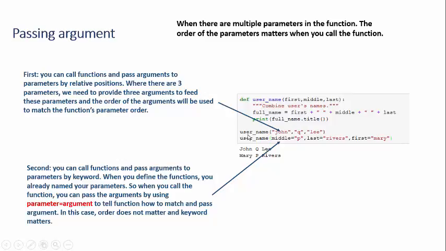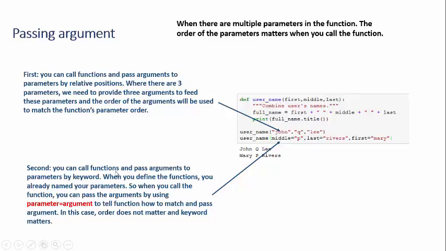When you call username John Q Lee, John is going to match first, Q is going to match middle, Lee is going to match last. When you combine the name together, it prints out John Q Lee as we expected. The first, middle, and last are matched by position.